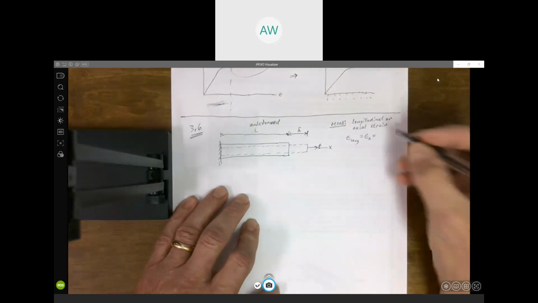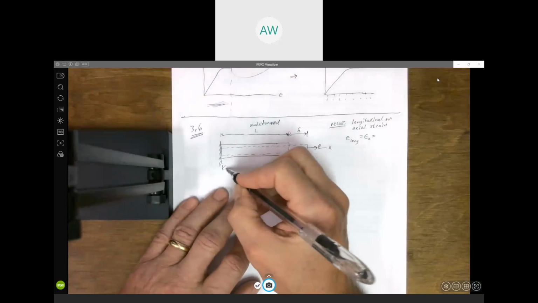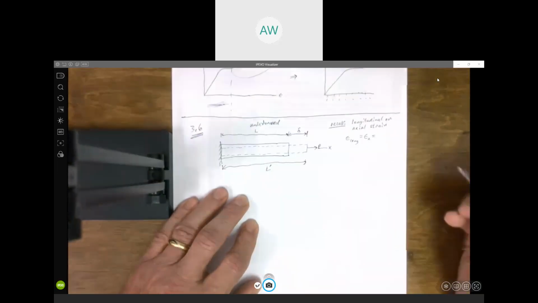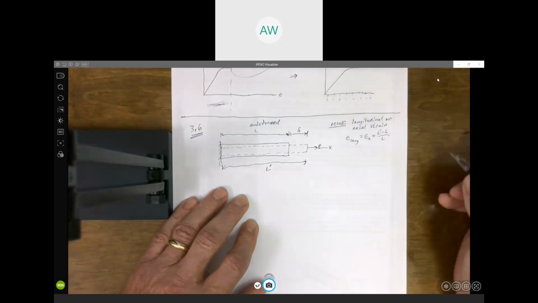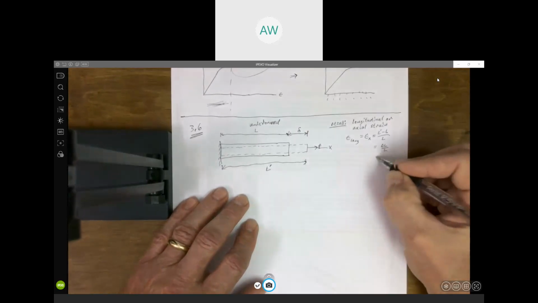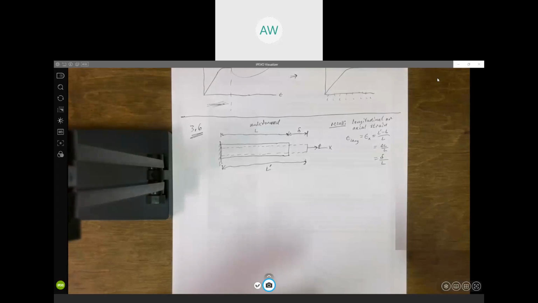It's just that change in length. So if this would be some length L prime minus the original length divided by that original length, or delta L over L, however you want to define that notation-wise.